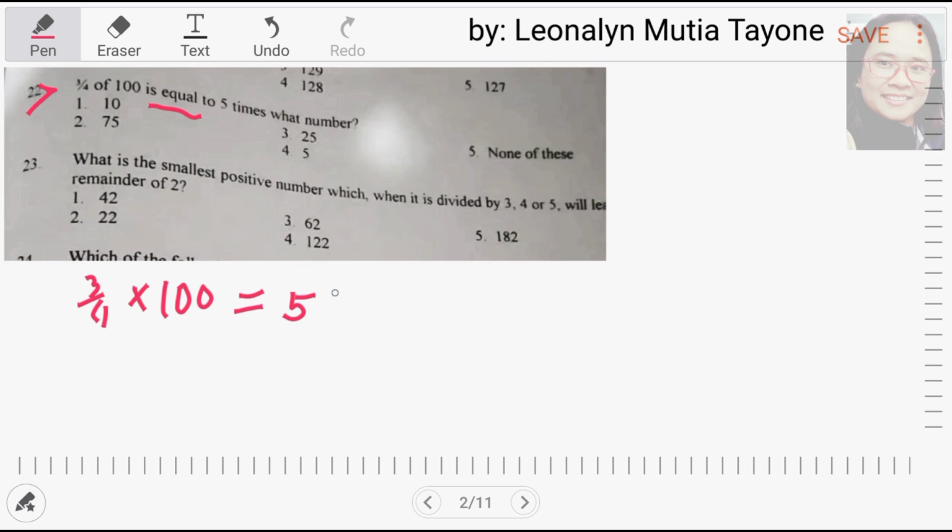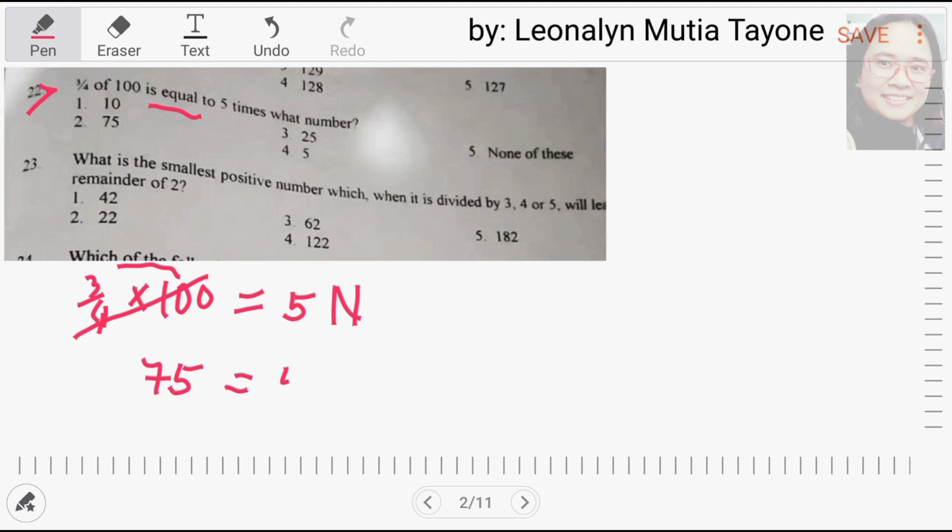So, let n be that number na multiply natin sa 5 para maging equal sa 3/4 of 100. 3/4 of 100 is 75. Multiply mo yung 3 times 100, that is 300 divided by 4, that is 75. Or, i-cancel out mo to. 100 divided by 4, that is 25. 25 times 3, that is 75.